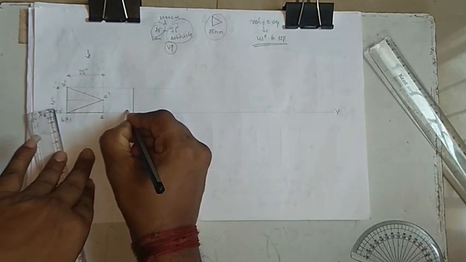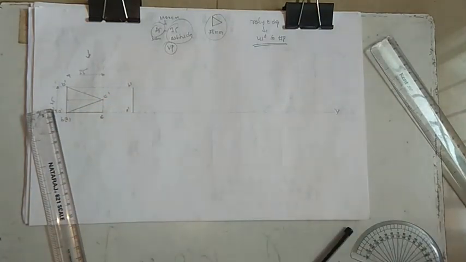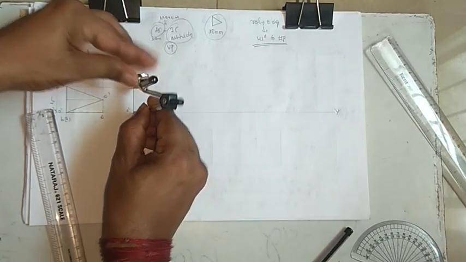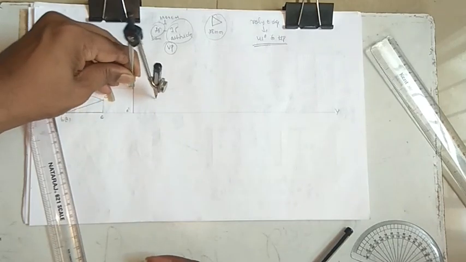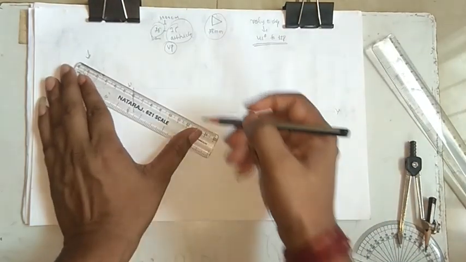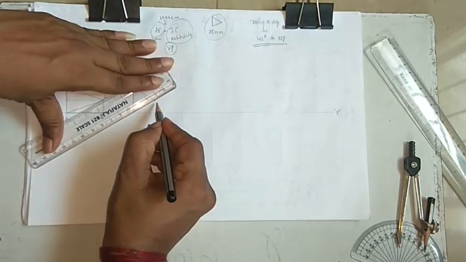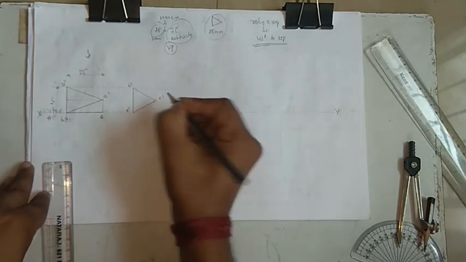This is our A dash and B dash. For the equilateral triangle you take 25 mm and cut from both the ends, like this. So this is our C dash.